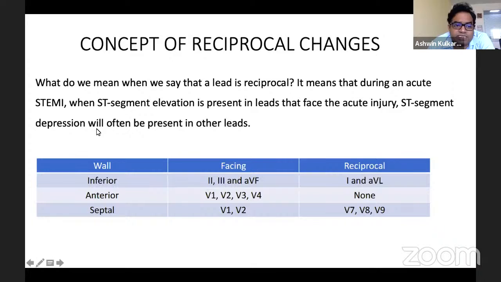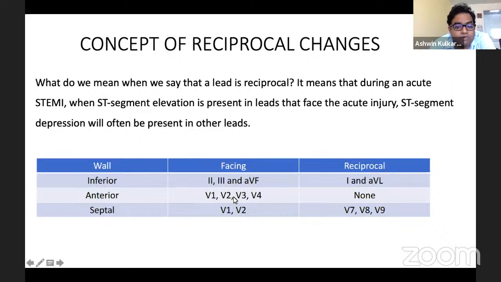So we talk about the reciprocal changes. The leads which are facing directly will have the ST segment vector facing towards them, where there will be ST elevation. Whereas in the diagonally opposite leads, since the vector is in the opposite direction, you will have ST depressions. So in inferior wall MI, 2, 3 and AVF will have ST elevation, whereas 1 and AVL will have reciprocal changes.